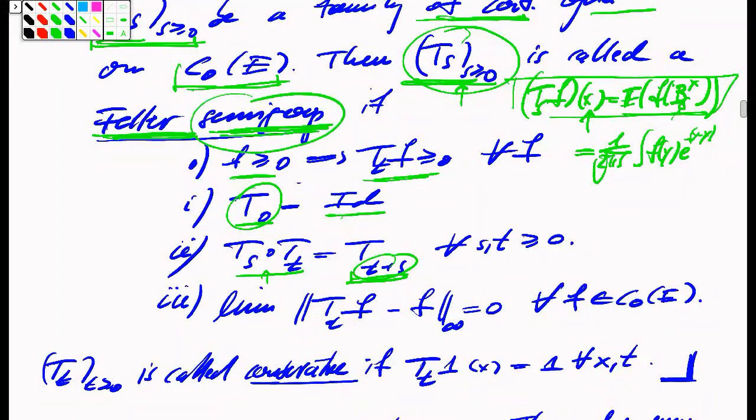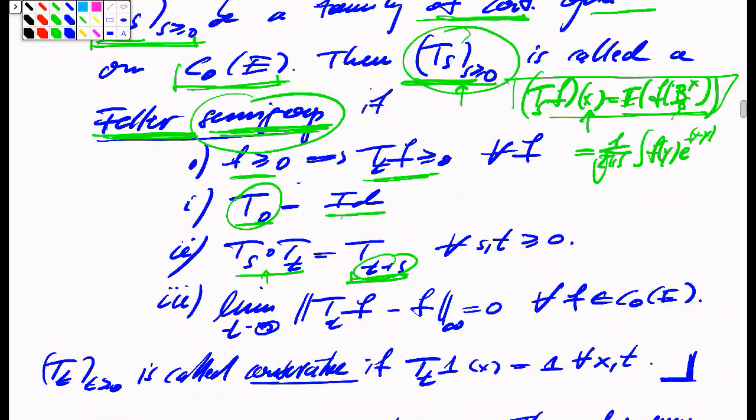And finally, we want that this semigroup is continuous in the following sense: if we send t to 0 and we apply this semigroup operation to a function and compare to the unperturbed function, to the function which was not changed, then we want that in the supremum norm we have convergence to 0 for all functions in this set of functions which are vanishing at infinity.